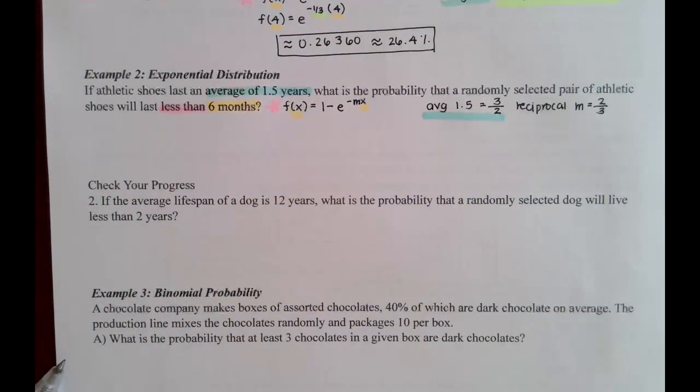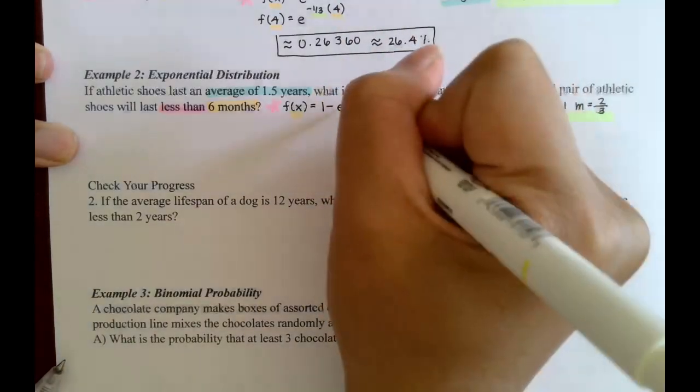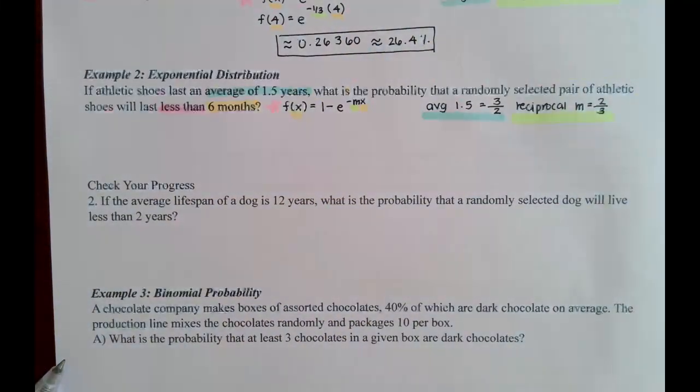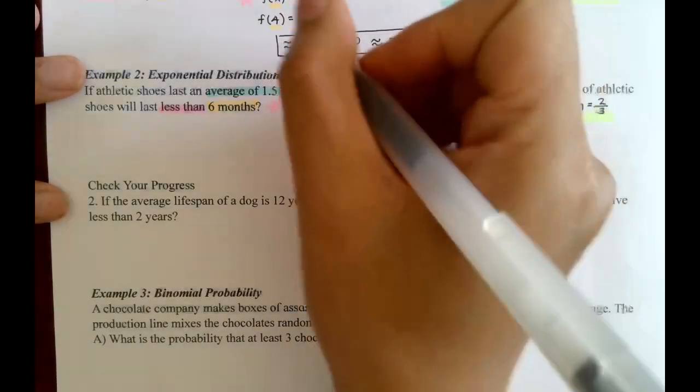So if the average is 1.5, which is 3/2, the reciprocal of that is 2/3, right? Which is why in previous math classes we talked so much about converting decimals to fractions and fractions to decimals, etc. Okay. So let me plug in what I know.